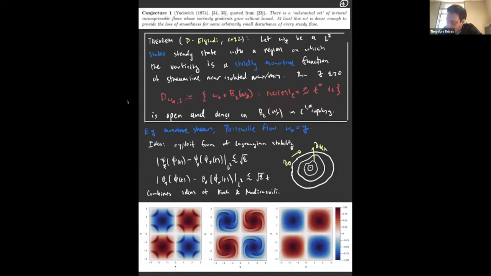This theorem crucially uses the stability, and in fact, we use Eulerian stability of the steady state to obtain some Lagrangian stability of the flow map, which says that transverse to the streamlines of the background, your Lagrangian flow can never move too far. And because of that, you can sustain shearing for all time.